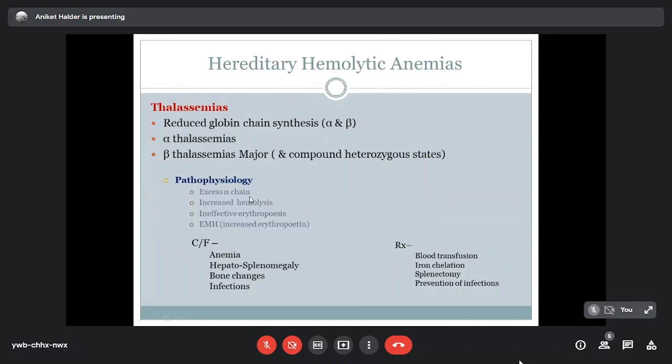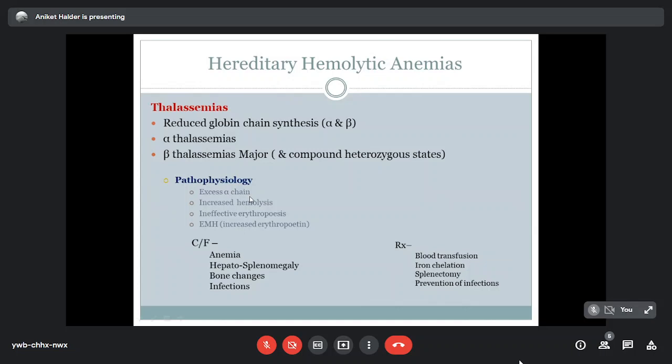This cell membrane damage causes premature destruction of the erythroid precursors in the bone marrow, and there is ineffective erythropoiesis. These alpha chains also form red cell inclusions, and the cells undergo increased hemolysis in the spleen, and due to this ineffective erythropoiesis and the increased hemolysis, there is ultimately anemia in beta thalassemia major.